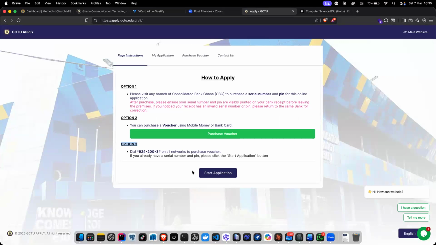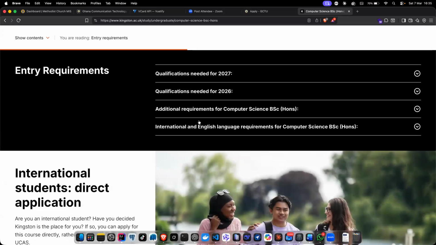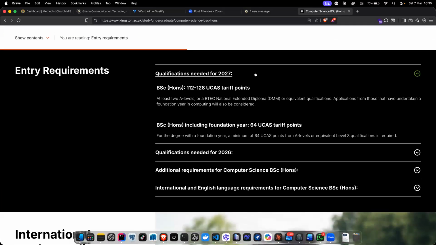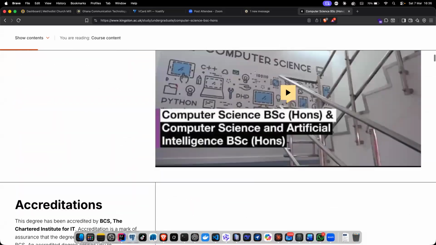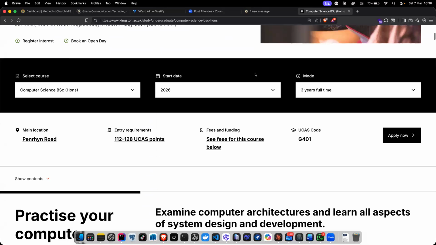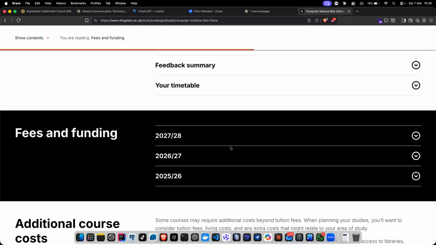So which means that you may buy the form and later you realize that you don't qualify. So here, you need to look at the qualifications so that once you are assured, then you may also need to look at the fees.